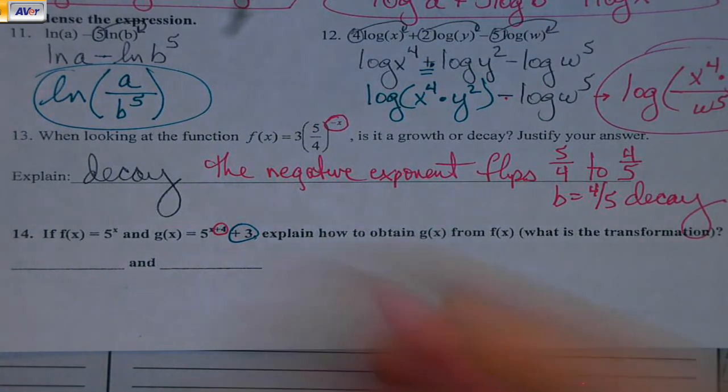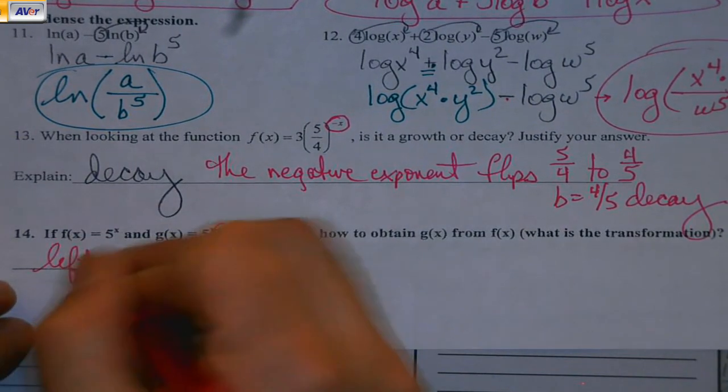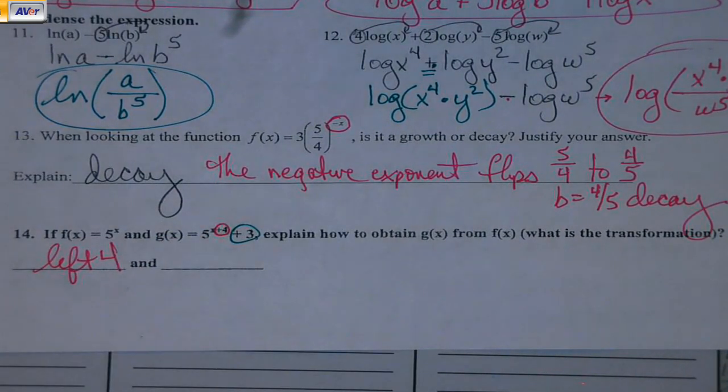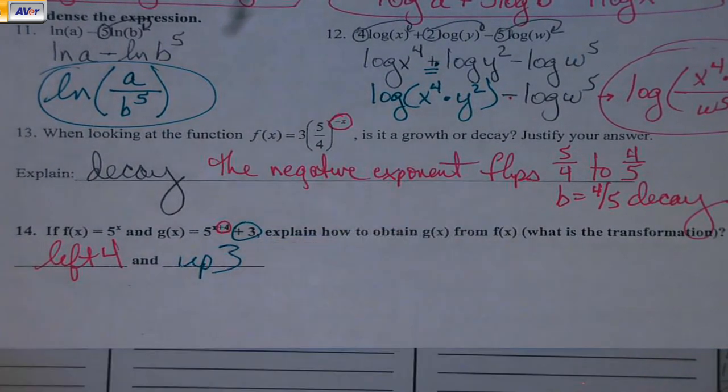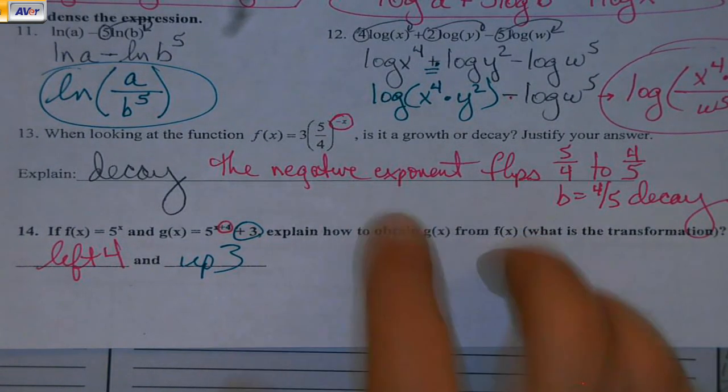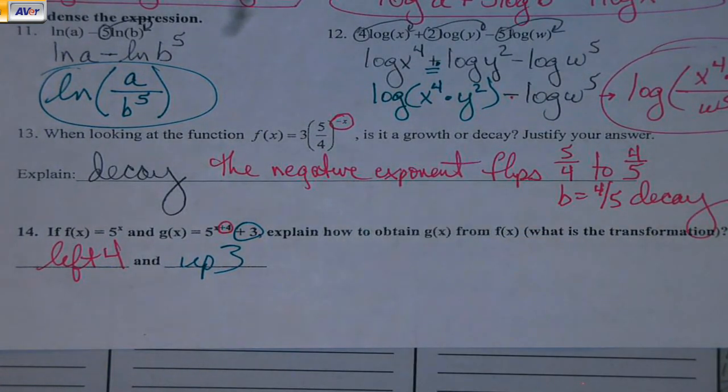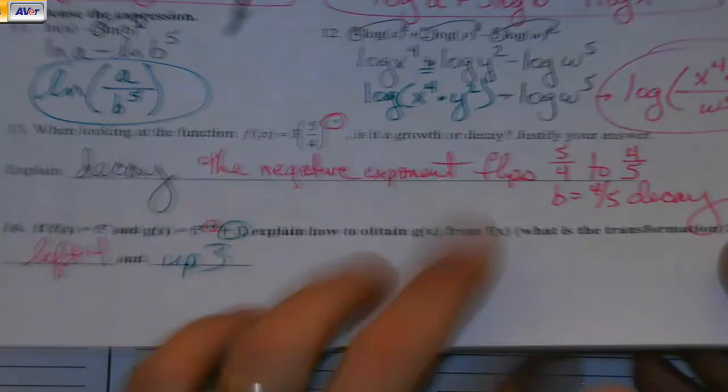It's the opposite of what I think. So left 4. My up or down is what's on the end. Up 3. Okay. Really, the only thing I got to pay attention to is g of x. Everything else is just kind of there for me.